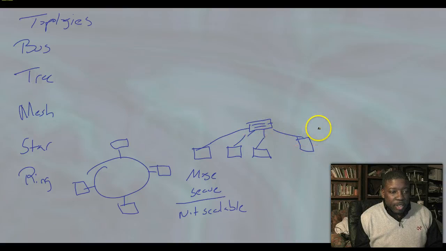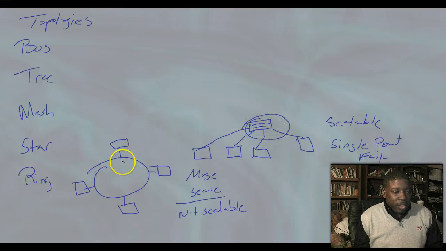The good thing is that it is scalable, but you have a single point of failure. If this goes down, everything goes down. Also with this ring, it has a single point of failure, SPF. If something happens here, the data will not go around to the other systems.